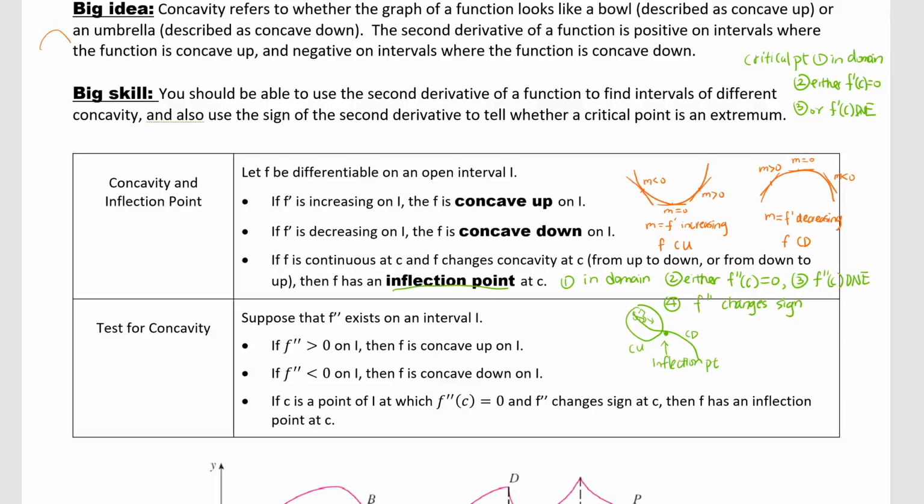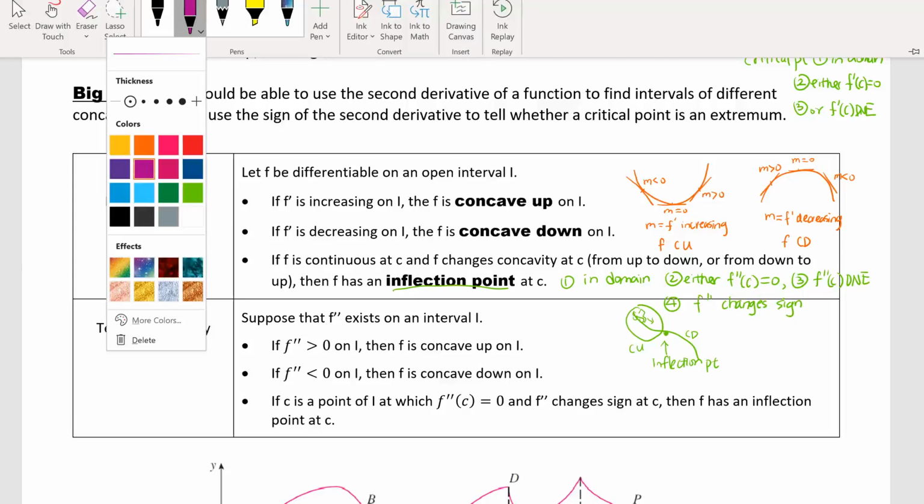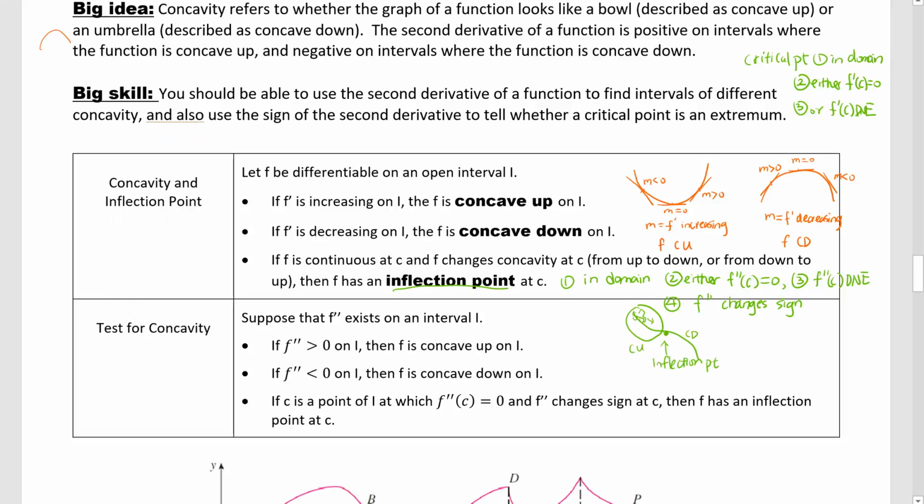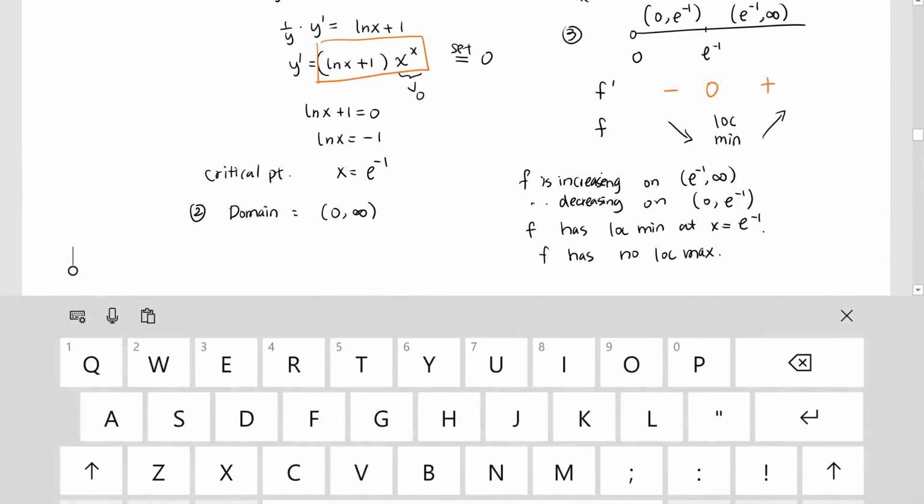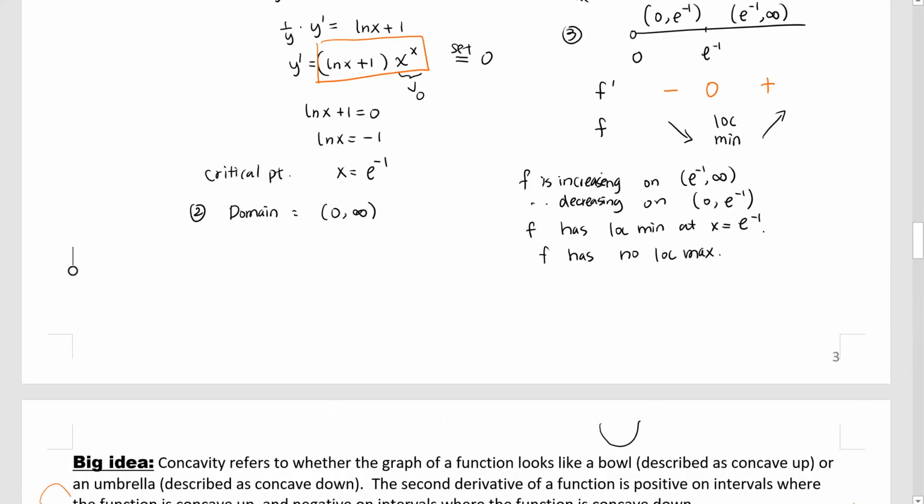If you remember, if f prime is positive, then f is increasing. So similarly, if f prime is increasing, then f double prime is going to be positive. Here f double prime is actually the second derivative.